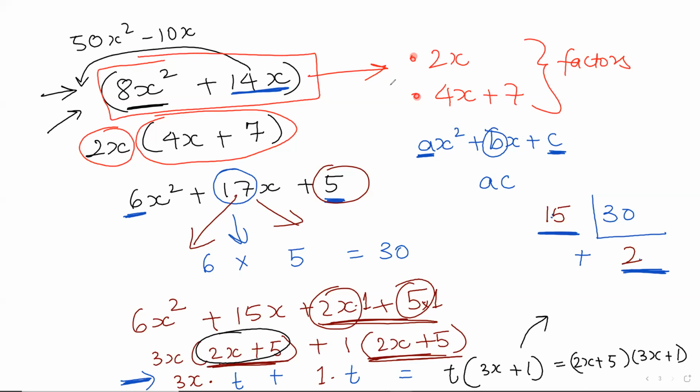Have you heard about the commutative property? Yes, ma'am. What does it say? Ma'am, we can rearrange terms. Right. Whatever expression is inside the brackets, you can treat as one entity. Let's say this is A and this is B. So this is going to be the same as B into A, right? So it will be the same if you interchange them.